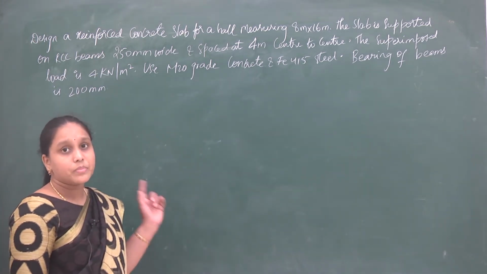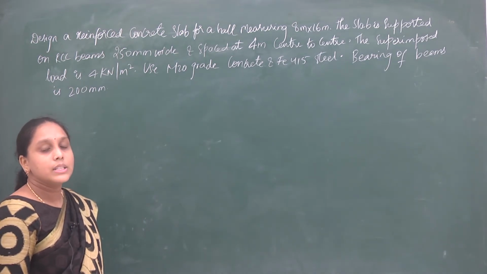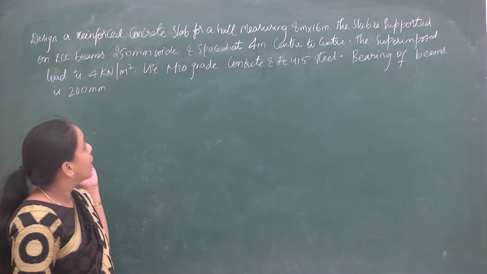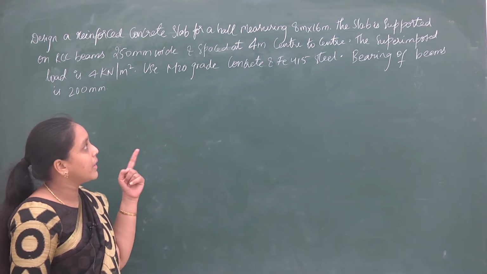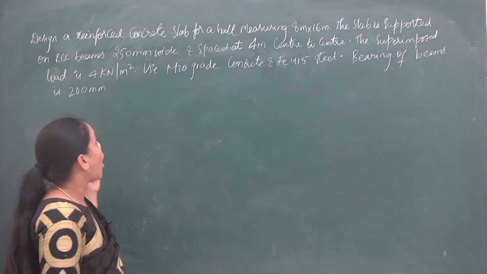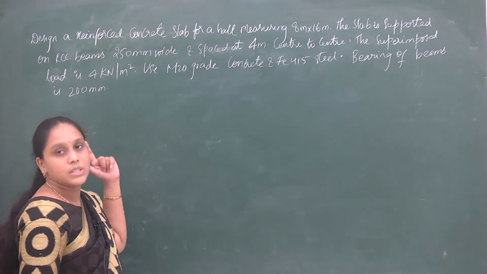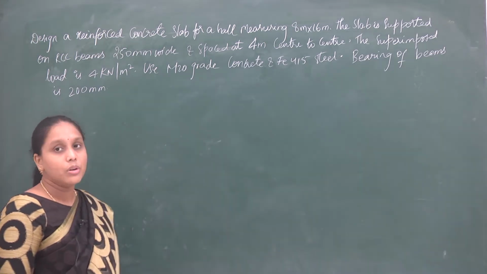So from this particular question, what you can understand is that this is a continuous slab, because the total hall, 8 meter by 16 meter, is supported between beams which are spaced at 4 meters center to center.